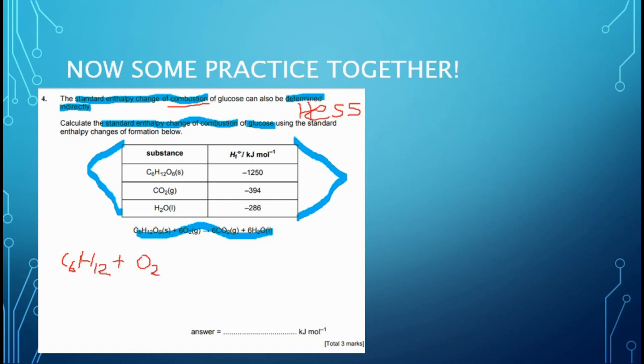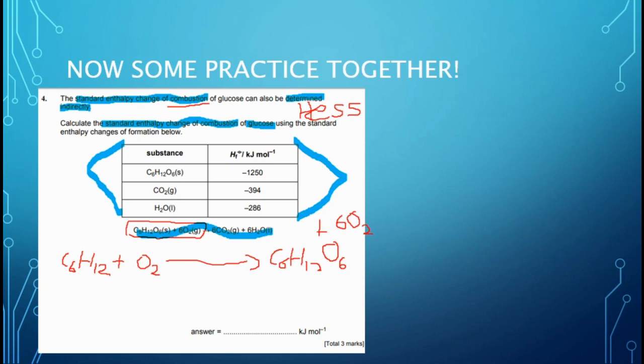Now we remember that Hess's cycle is like a triangle, so we need to get to the products. Our products for a normal reaction like this would be what we have right now, because this is what we're trying to make. So let's put this on this side: C6H12O6 plus 6O2.